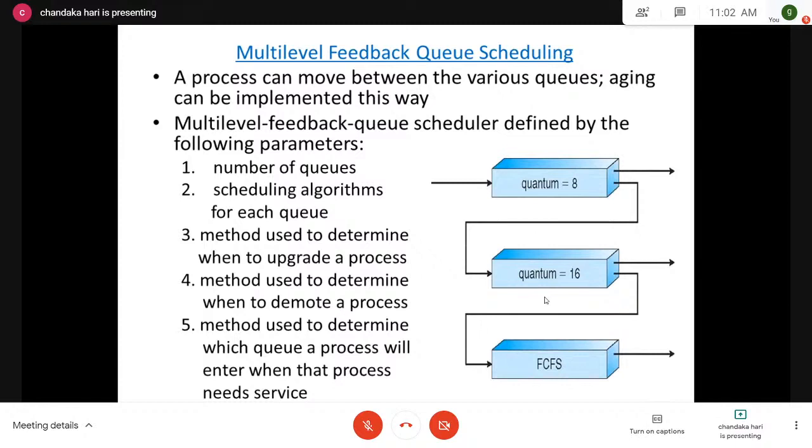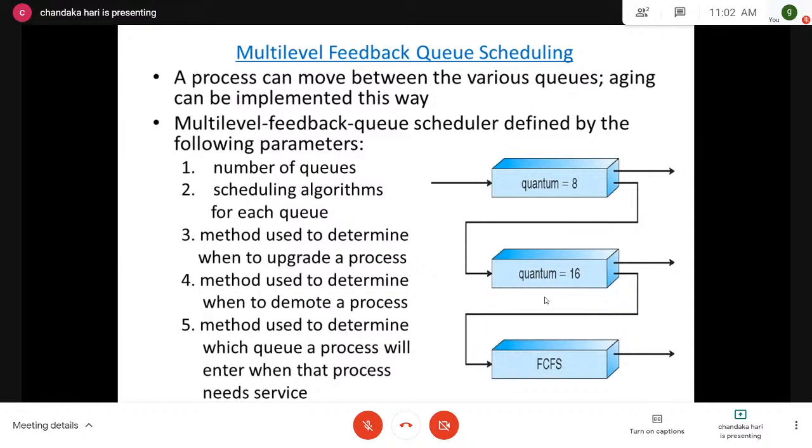Why? Because after waiting some amount of time, the job may be promoted to high priority. So no job suffers from deadlock or starvation.